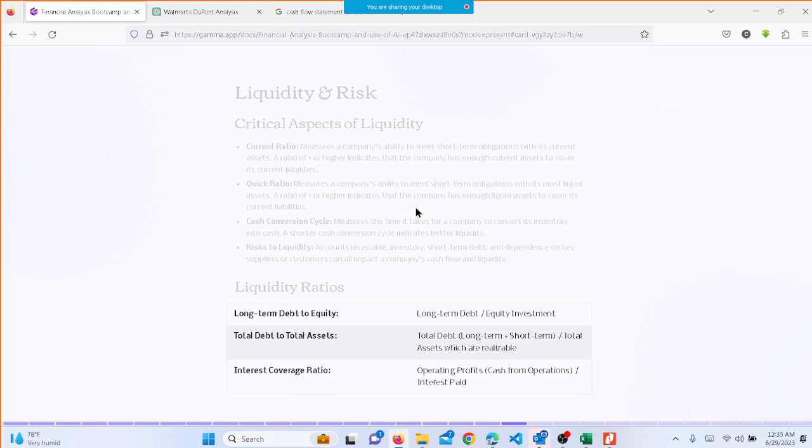Another way of looking at the debt to equity, and another way to look at liquidity, is the interest coverage ratio. As I explained earlier, it is cash from operations divided by the interest that has to be paid plus the interest. If you're borrowing more money, how much extra is going to be there has to be calculated.